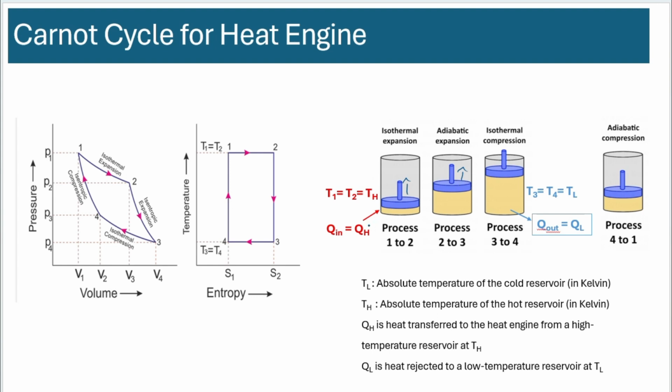So basically, during this time, there is no energy transferred. There is energy transferred, Q in, and during this time, adiabatic expansion, there is no energy transferred. You could also say isentropic expansion. Isentropic is basically adiabatic plus reversible. So it's happening really slowly and it's reversible.